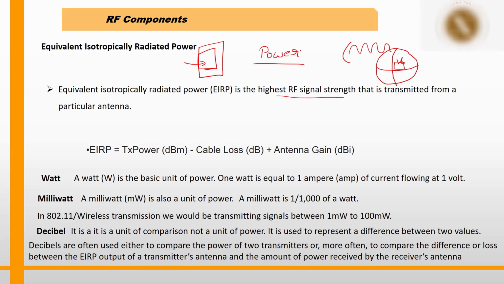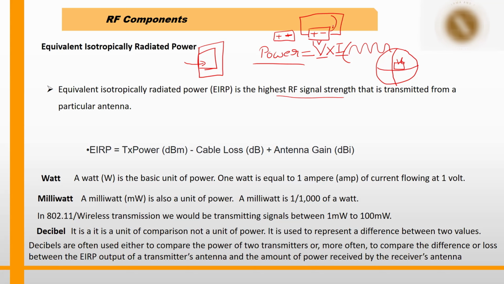To tell in more technical terms, power is nothing but the voltage that you apply and the current that you generate, that is voltage into current, V into I. For example, if you remember the first class, we applied a voltage of 1 volt to a battery, and that was able to generate a charge of 1 ampere.